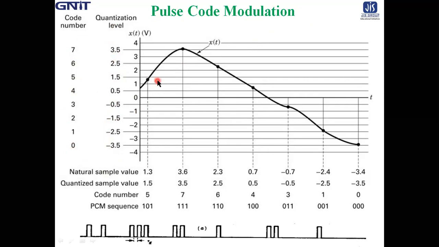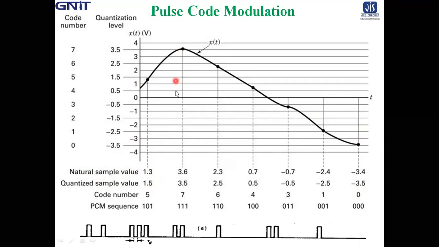Now we are taking the samples. First, do the sampling. So we are taking the sampling at some points. Total we have taken in this picture 1, 2, 3, 4, 5, 6 samples. The first natural sample value is between 1 and 1.5, and it is 1.3.